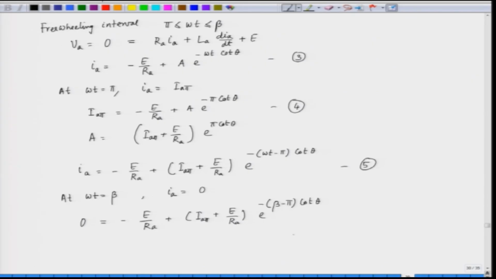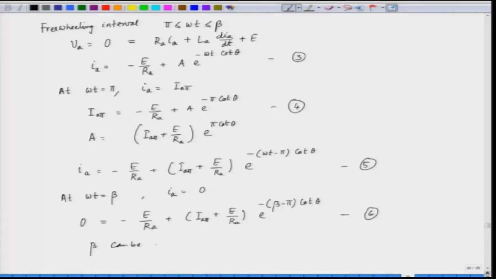So, this equation again involves the value of beta. So, beta can be evaluated from this equation, let us say equation 6, iteratively.